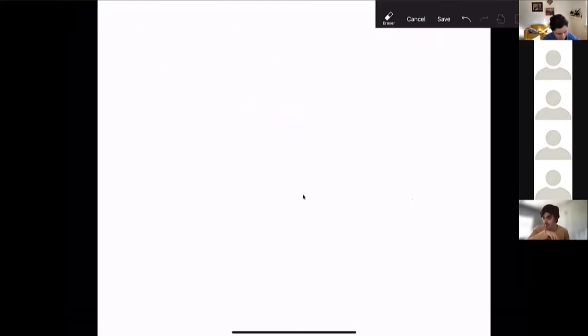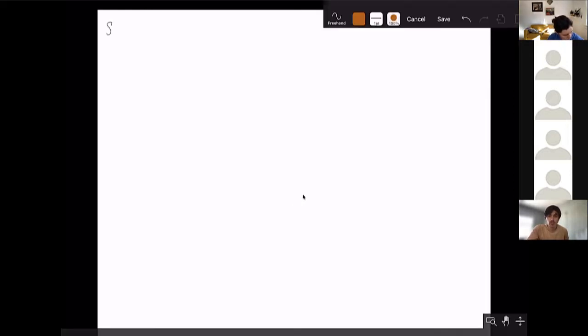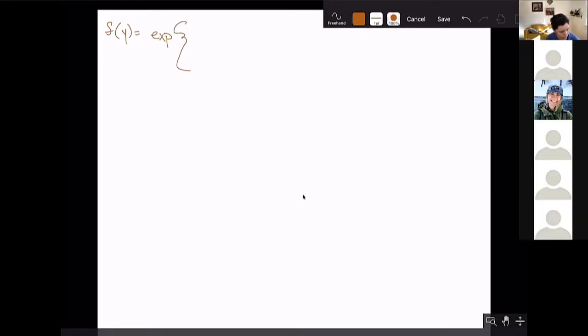So I got to, okay, so I have it exponentiated and I got it to y log of 1 minus beta. So is this in the exponential? Yes.